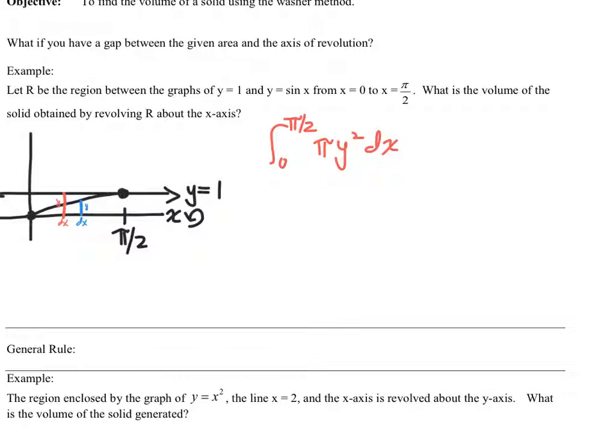And then in the second part, subtracting off the part that I don't want, on the interval of 0 to pi over 2, writing the exact same thing, pi y squared dx, because I've color-coded my stuff.